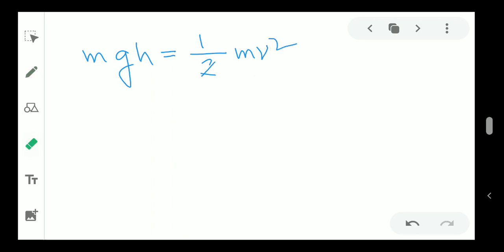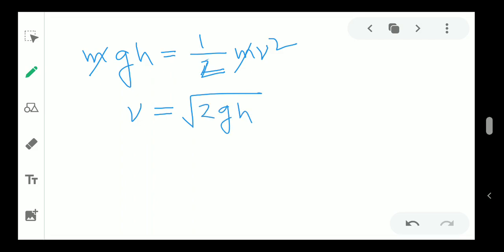If it is so, then from this equation we can find the final velocity before the impact. So m is gone, and we can write v equal to root of 2gh.